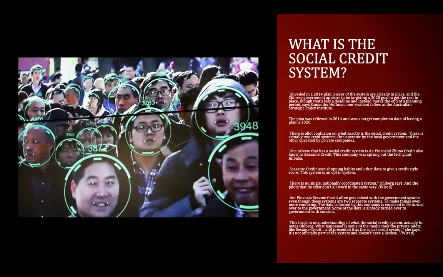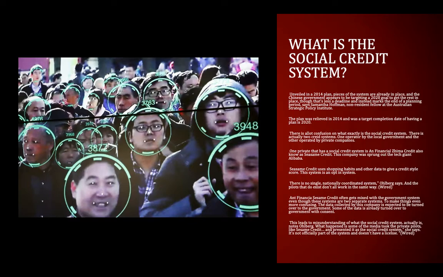There's a lot of confusion on exactly what the social credit system is. There are actually two credit systems, one operated by the local government and the other operated by private companies. One private company that the social credit system has is Ant Financial Sesame Credit, also known as Sesame Credit.